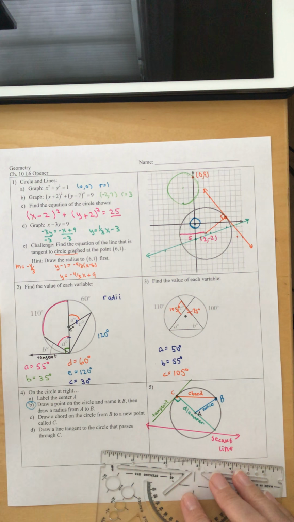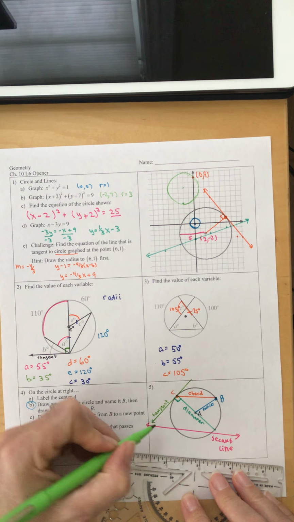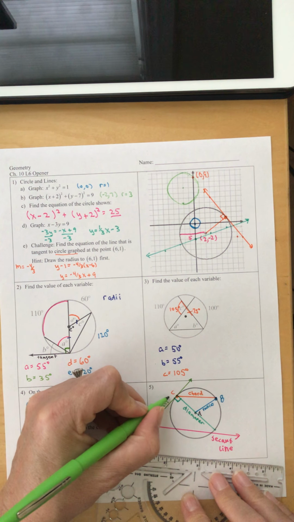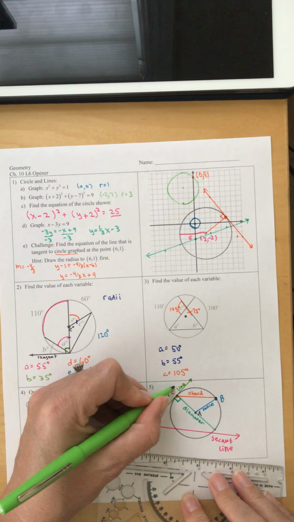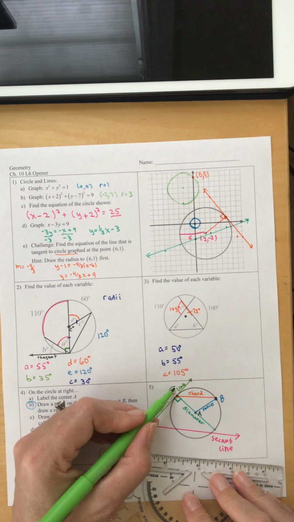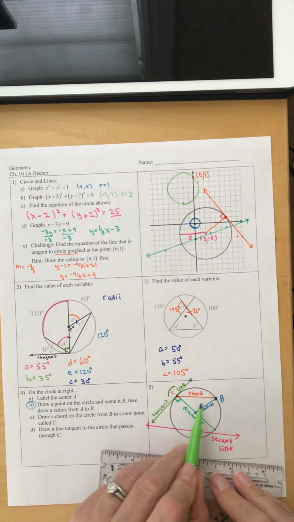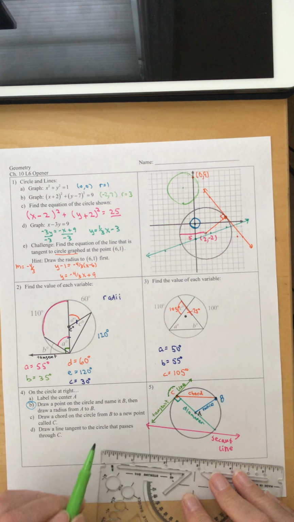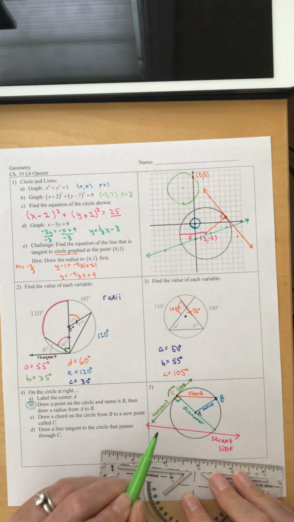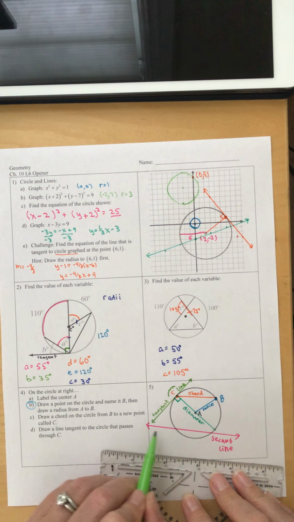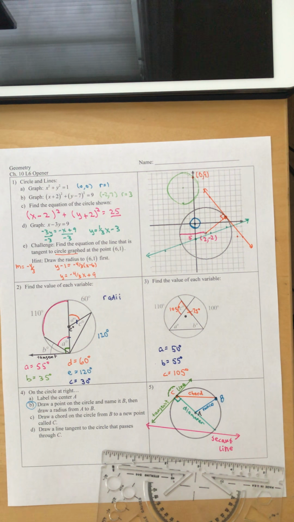A tangent is a line also, and so I should have arrows on the end there, and I could put the word line, tangent line. And the chord is just a segment that stops at the endpoints of the circle. The diameter is a segment and the radius is a segment. But the tangent line and the secant line should have arrows on the end going on forever.